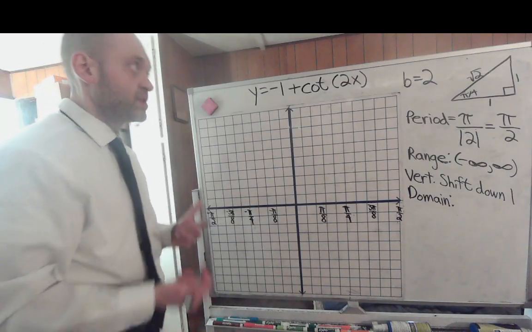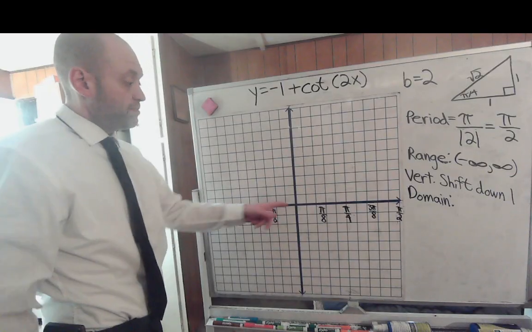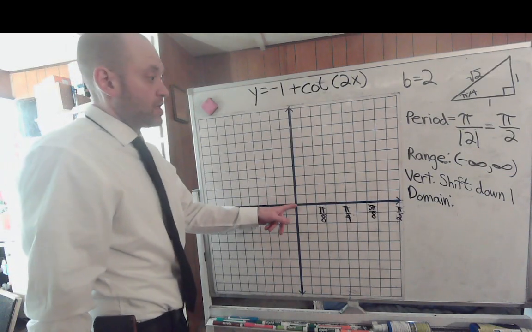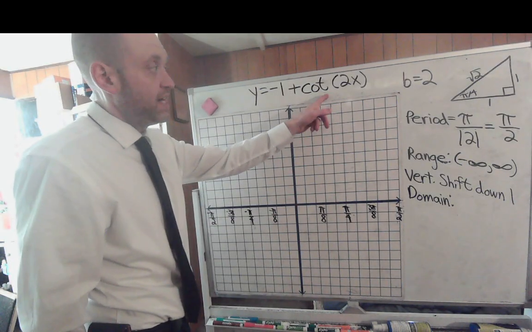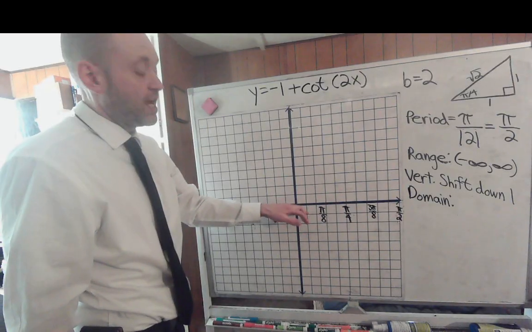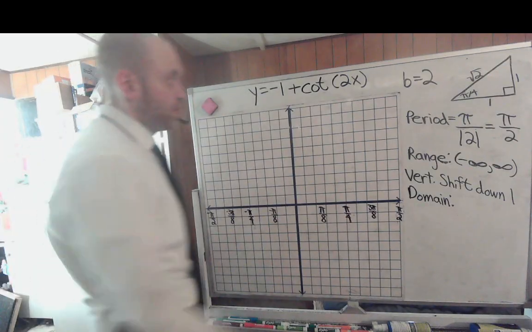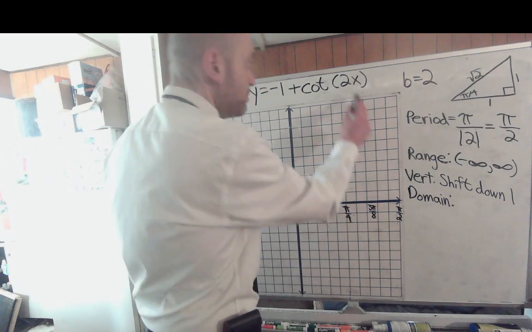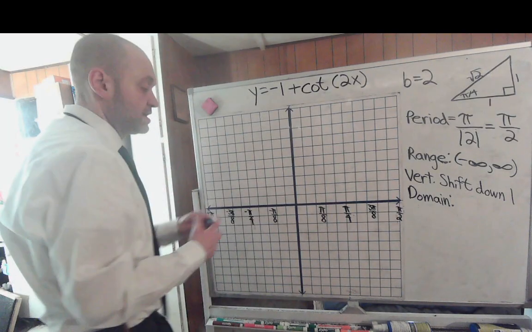But let's look for the domain of this cotangent function. So if I put in 0, well, the cotangent's undefined at 0, so definitely we're going to have a vertical asymptote at x equals 0. Now what if I put in pi over 2? That would give me the cotangent of pi, which is also undefined.